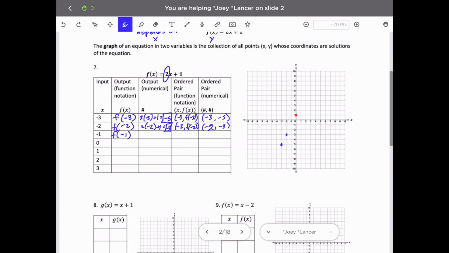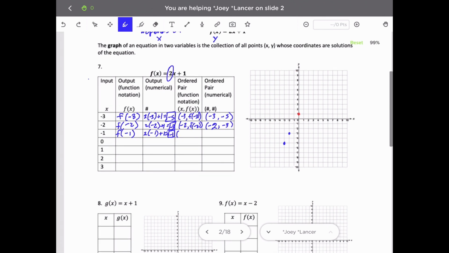If we put -1 for x, what is f of x? 2 times -1, which is -2, plus 1 equals -1. The ordered pair is -1, f of -1, and numerically it's -1, -1, right here.